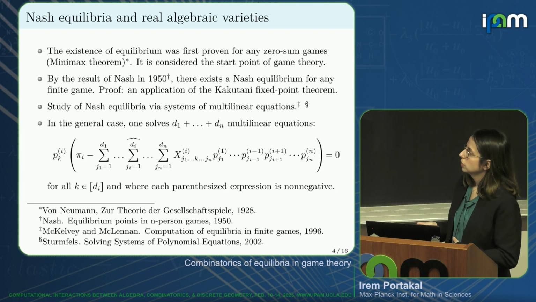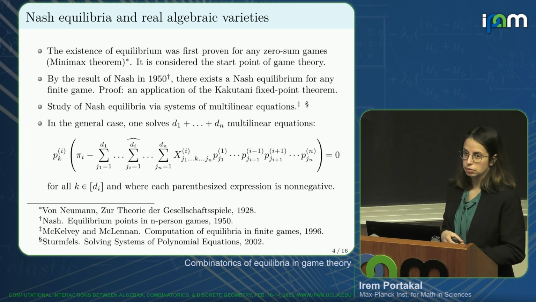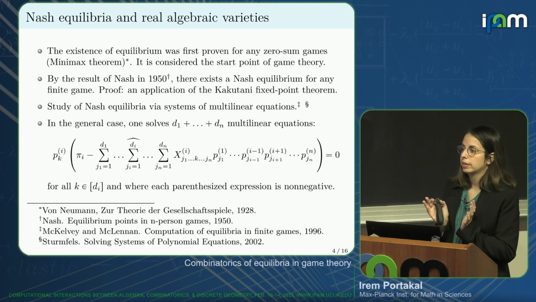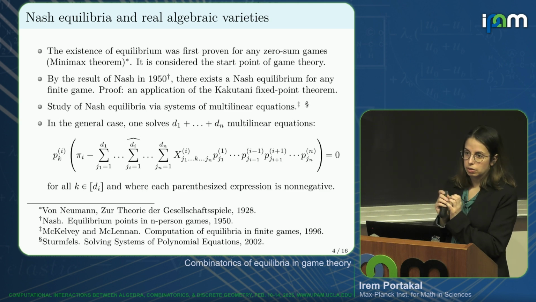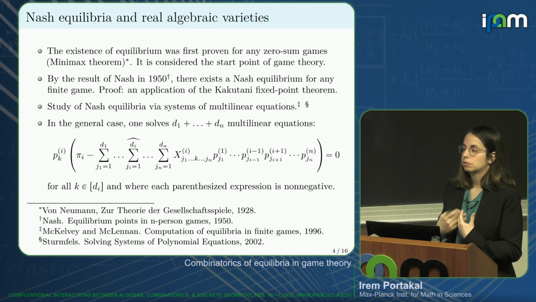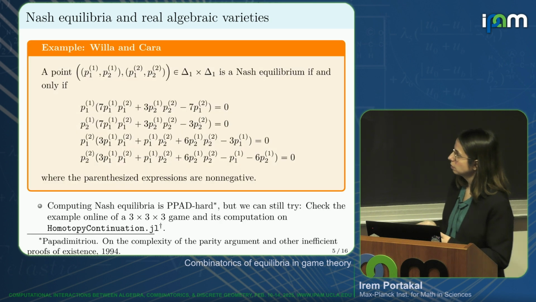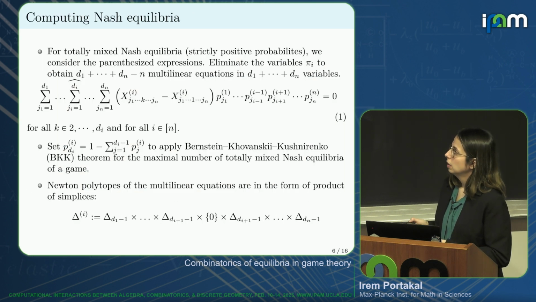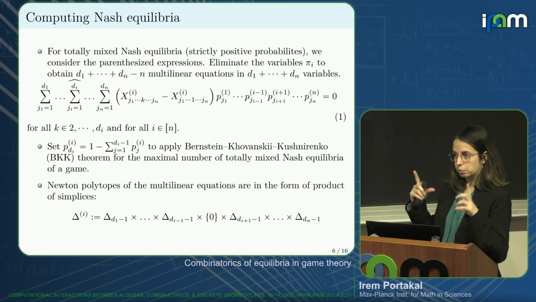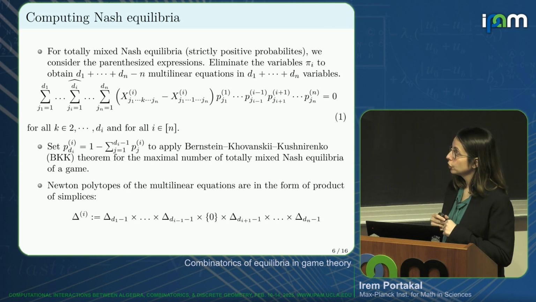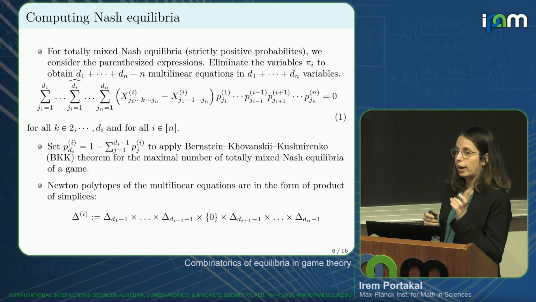Okay, here I told you that I have to check some non-negativity condition. Let's say I don't have to do that, and I'm looking at the solutions that are in the interior of my probability simplex. So I can get rid of this combinatorial complexity, basically, and just give an algebraic model for finding Nash equilibria. And this is what happens here. We just check these parenthesized expressions to vanish. And I had these pi i's in these expressions, and I just eliminate them.